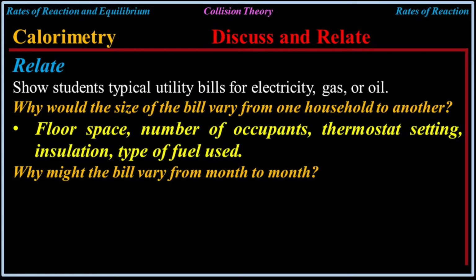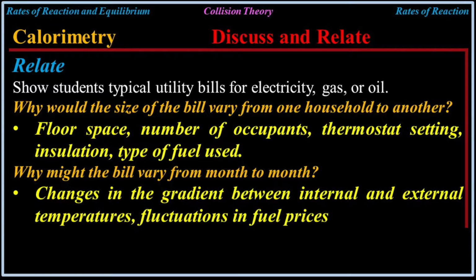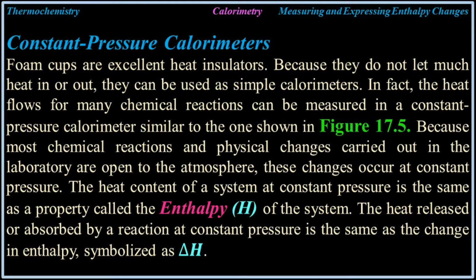Why might the bill vary from month to month? Changes in the gradient between internal and external temperatures, fluctuations in fuel prices. That simply means that some months are hotter or cooler than others.